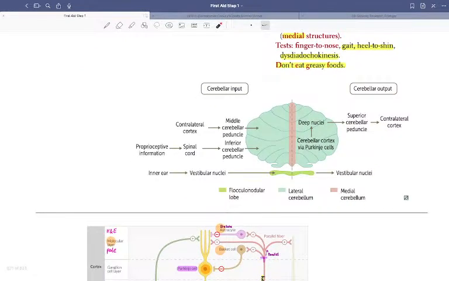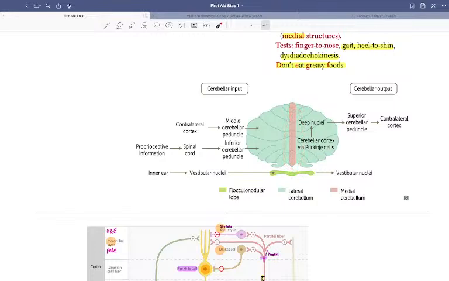See, for medial, input and output are important. The inner ear is going to be the vestibular nuclei, and then this middle part is going to be the medial cerebellum.